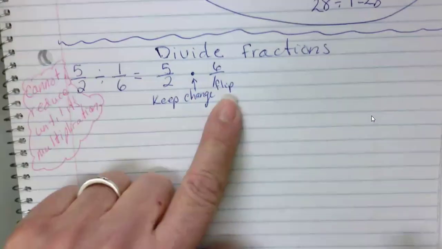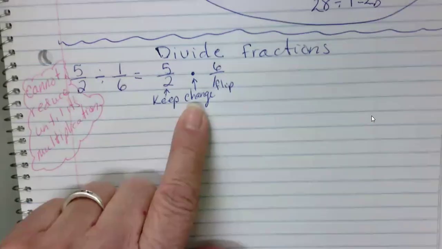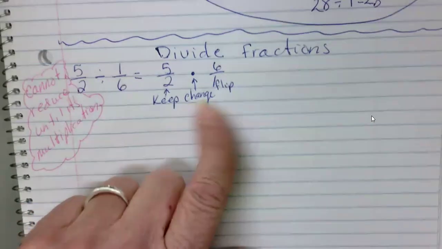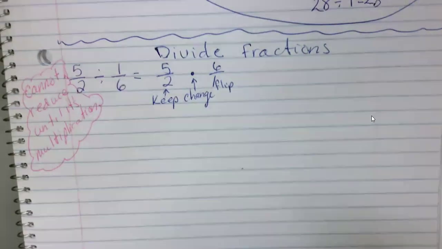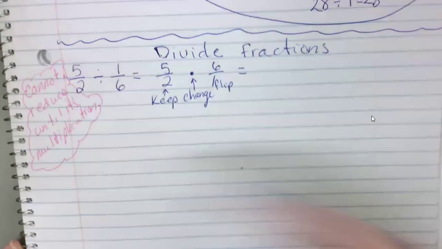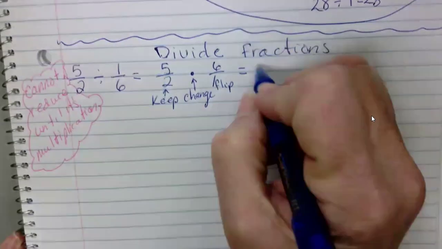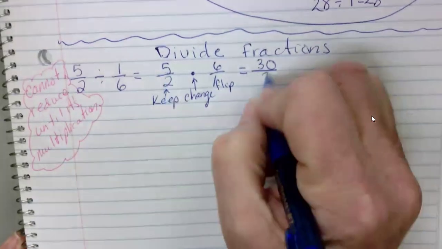So you're going to keep the first fraction the same. Change your sign from division to multiplication, and then flip your second fraction. I wish I had written that lower. All right, and now we can just multiply straight across. 5 times 6 is 30. 2 times 1 is 2.